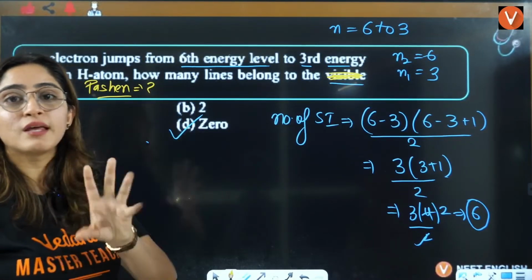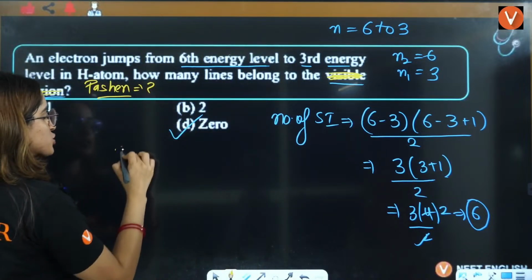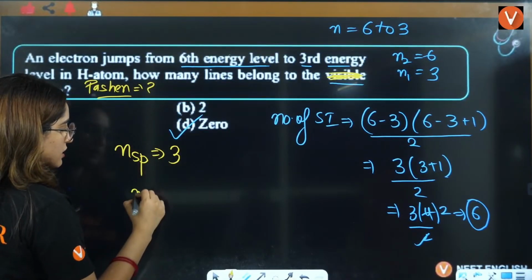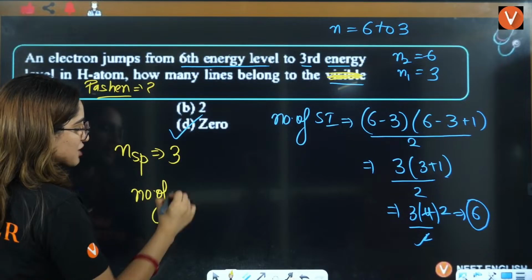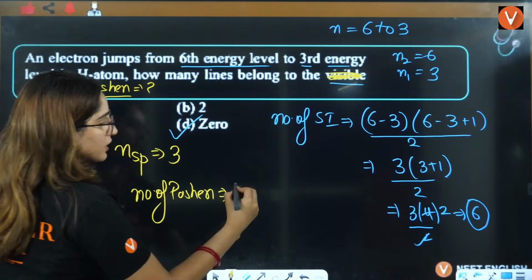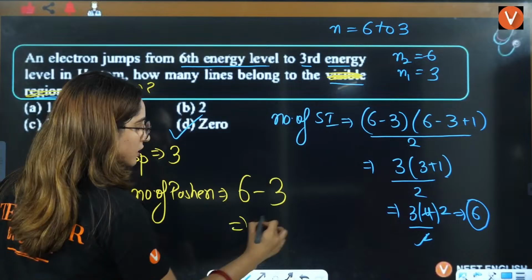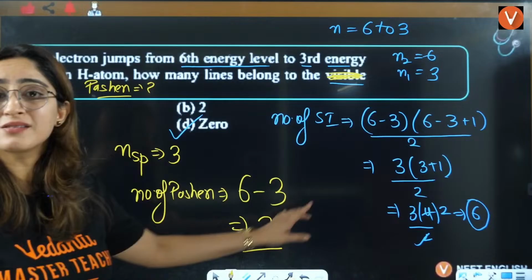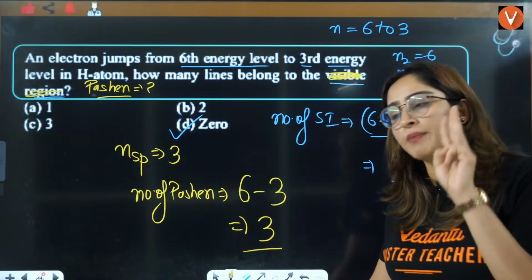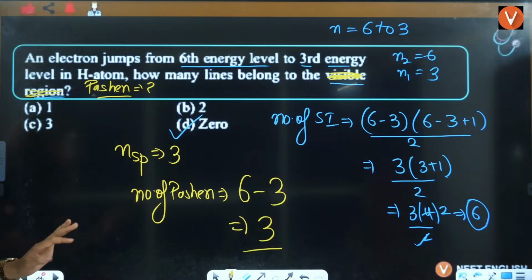Especially to the Paschen series, how many lines do you have? Out of these 6 lines, what is belonging to Paschen? That means n specific is going to be 3. So the number of Paschen lines is high, 6, minus Paschen, 3, which is 3. That means out of these 6 lines, 3 will lie in the Paschen series. Okay, everybody? Got it?